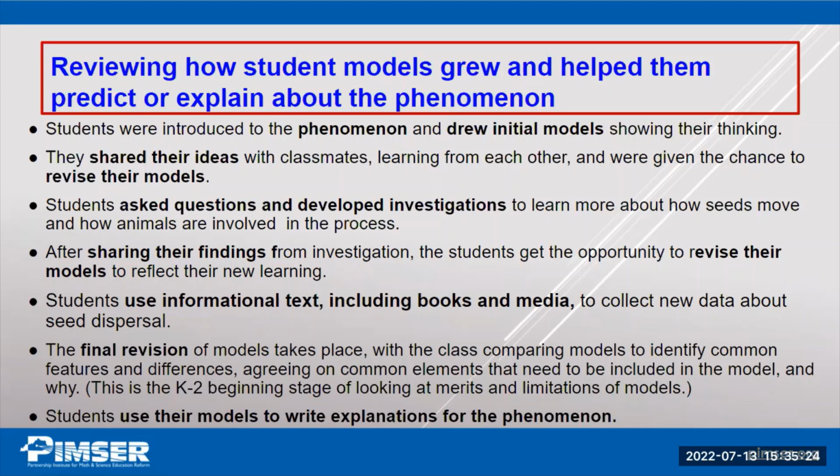Students use their models to write explanations for the phenomena. So I hope that seeing how this modeling sequence could have played out in a classroom has been helpful to you as you plan for improving the practice of scientific modeling with your own group. And note that many of the practices and cross-cutting concepts were really intertwined in the learning and the sense-making that took place here.